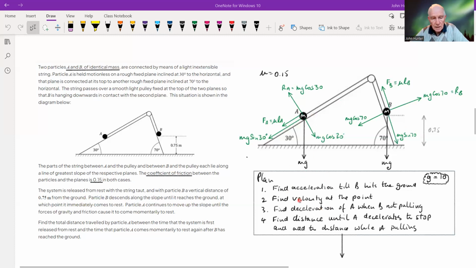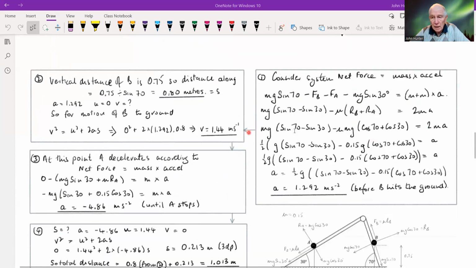Okay, so that basically is the plan. This question is a bit of a beast. If you were to get this in an exam, then I think you'd be a trifle unlucky. And quite honestly, I think it's unlikely that you would see one like this, because it is actually quite time consuming.